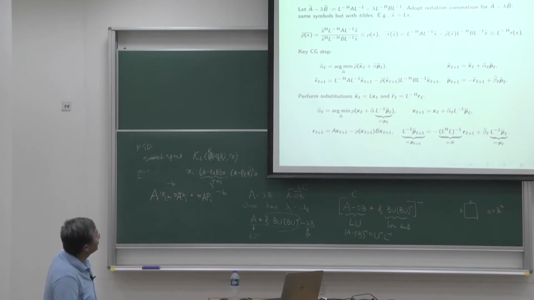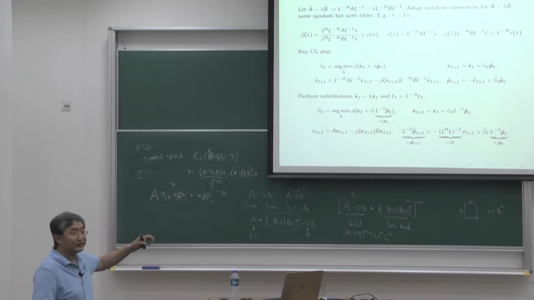The residual r is, well, that's the residual r. Then for the p tilde, you multiply by L inverse from the left, and you redefine p to be L inverse p tilde. So you discover that p_{l+1} equals K times the negative residual, plus beta times p_l. So the formula is the same as before, right?